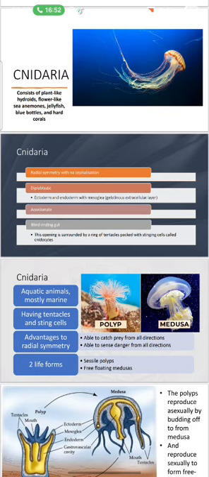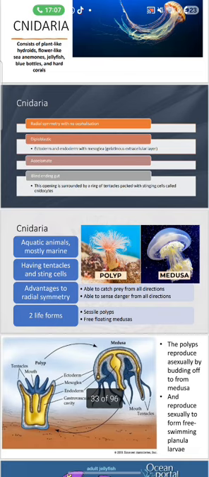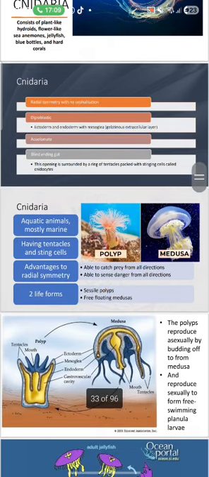They're acoelomates. And they have a blind gut opening. This opening is surrounded by a ring of tentacles packed with stinging cells called cnidocytes. Okay, Cnidaria: aquatic animals, mostly marine, having tentacles and sting cells.